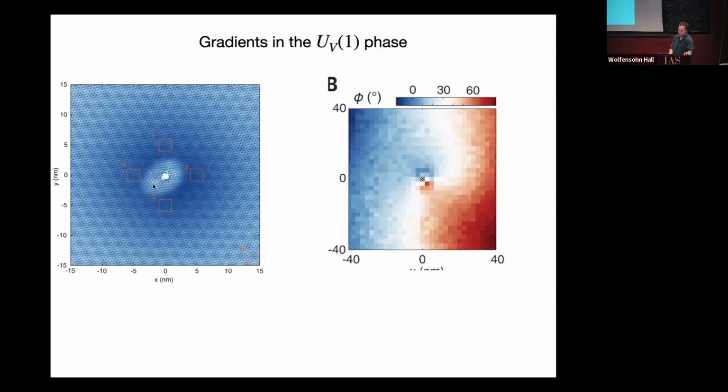And you can show that in this particular system, this defect induces a skyrmion in the order parameter. And what's being shown here is the texture resulting from that skyrmion. So in this particular case, the order parameter really is a vector rather than just a phase. I'm showing only the phase part, but in other parts of the paper, we also show the out of plane part, and you can see that there's a skyrmion there. Interesting.